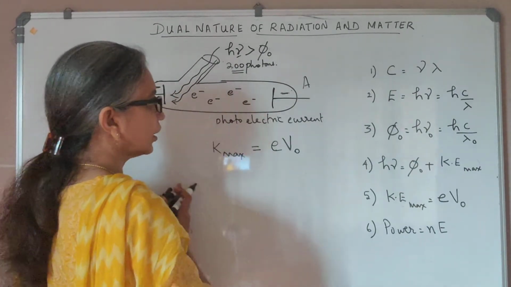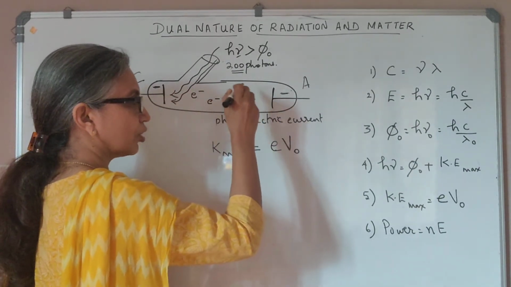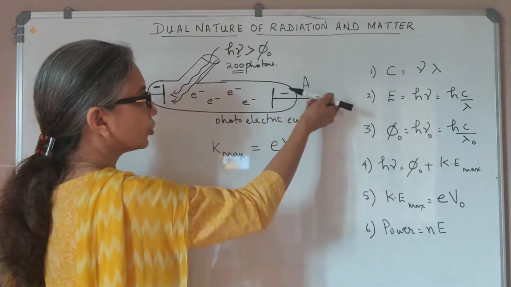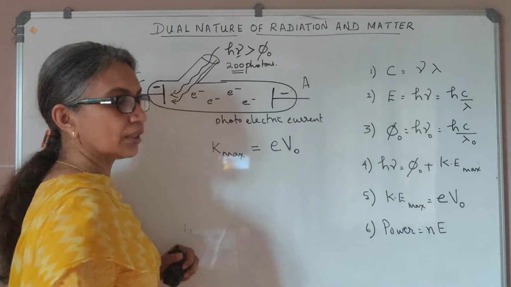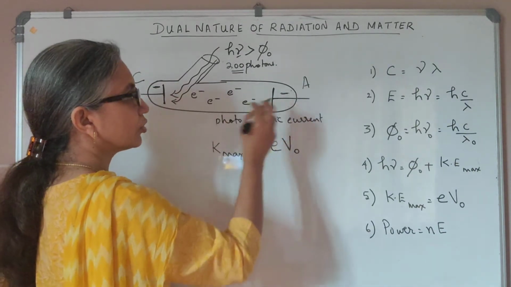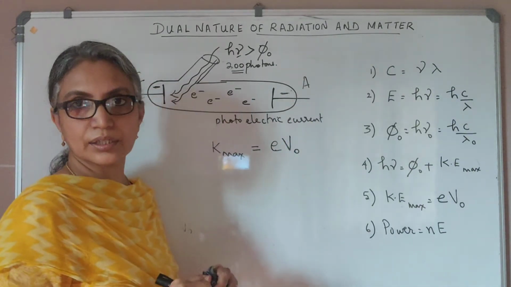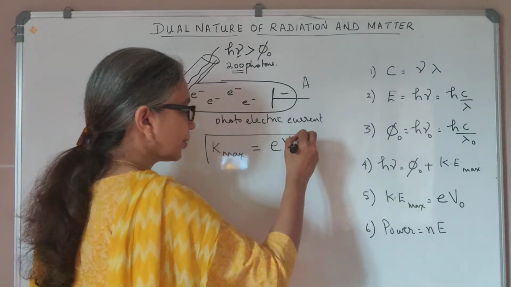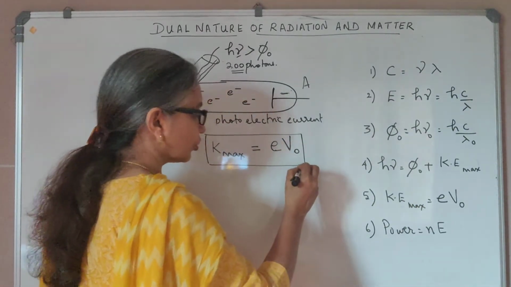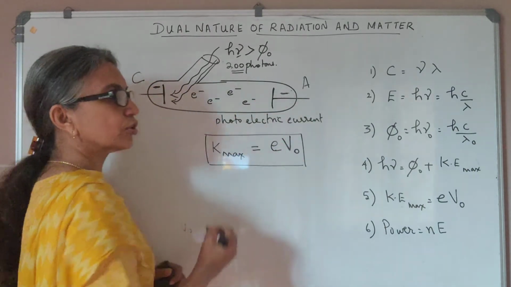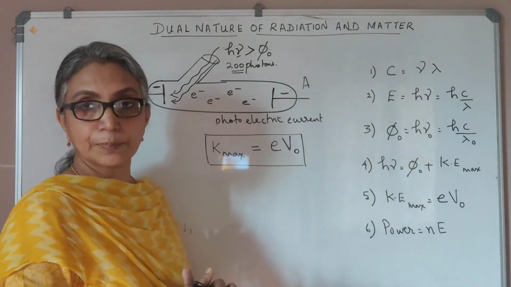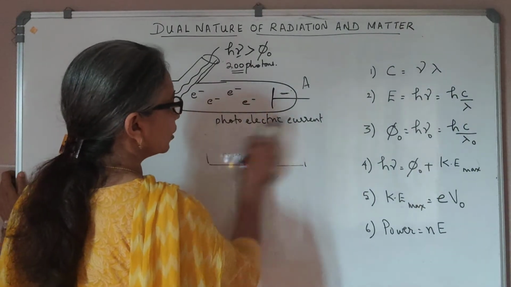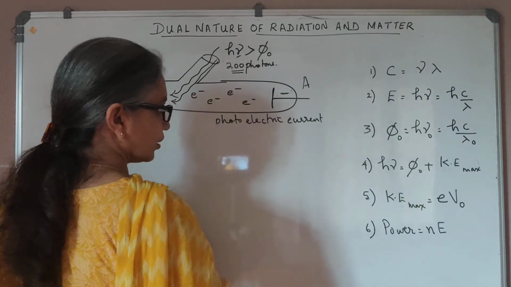So when the maximum kinetic energy of the approaching electron becomes equal to the potential energy with which it is being repelled, then no more electrons are accepted and the photoelectric current becomes zero. So this is the condition: the maximum kinetic energy of the approaching electron must become equal to the potential energy with which it is being repelled by the collector, and then at that point the photoelectric current becomes zero.